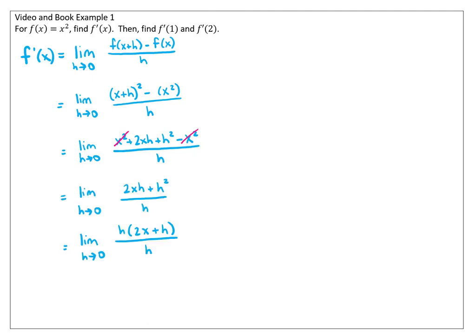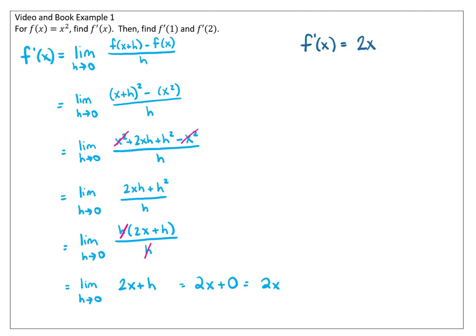And then you want to simplify it so that you factor out the h's. And then you want to reduce the fraction. And then recall that if you're finding the limit of a polynomial, you can just plug the value in. So as h approaches 0, this is going to go towards 2x plus 0, which is just 2x. And so f prime of x is the same thing as saying 2x.